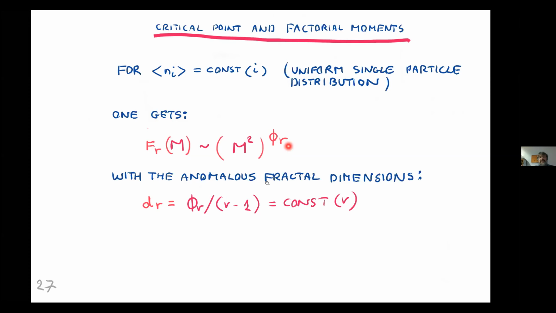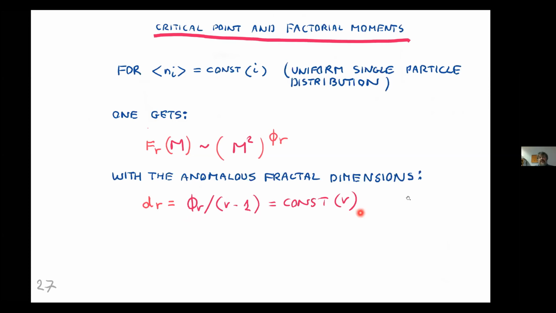And they say, if in addition this is a really serious critical point, not another power law dependence like from scale invariant branching, then these phi_r powers should obey a relation: if you divide phi_r by r minus 1, then the so-called anomalous fractal dimensions, d_r, as they are called, should be independent of r.